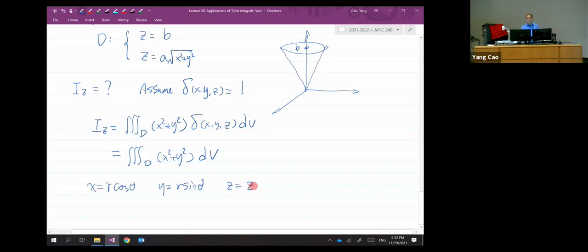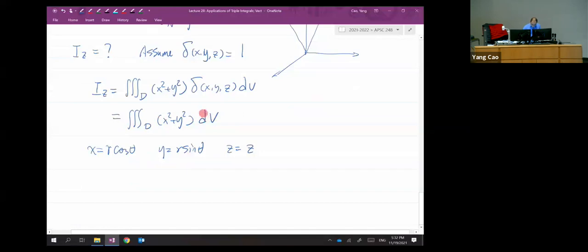And then the whole formula, the Iz. First of all, you replace x with r cosine theta, y with r sine theta. So r squared cosine squared theta plus r squared sine squared theta. And dV will be r dz dr d theta.